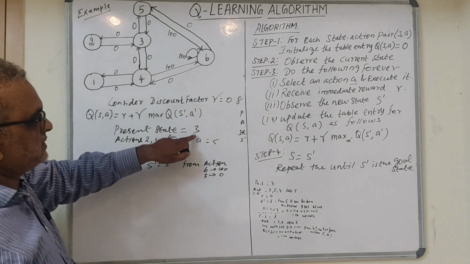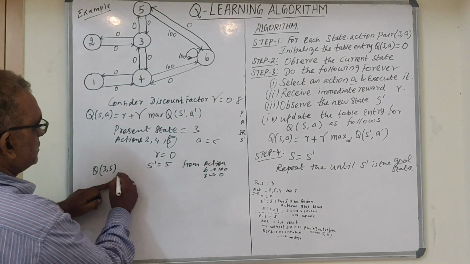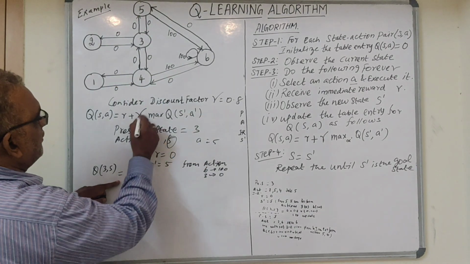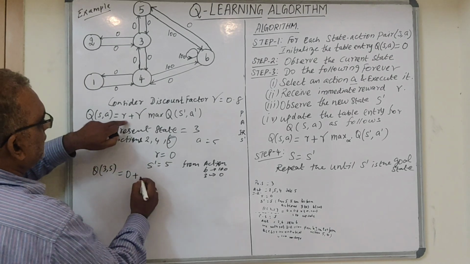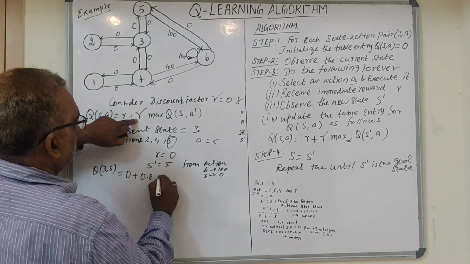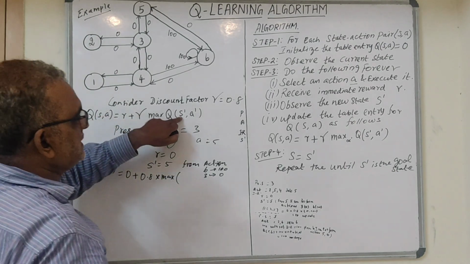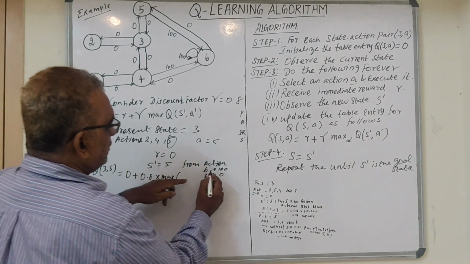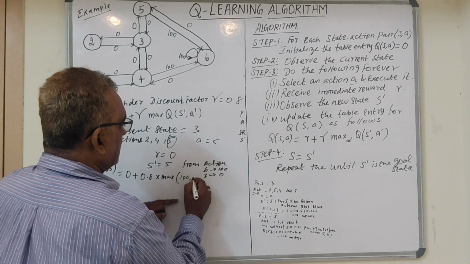So the current state is 3, and we are moving to 5. This can be written as: our reward value is 0, the immediate reward, plus gamma is equal to 0.8, and maximum of q of s dash and a dash. So we have to select these two values, one is 100 and another is 0.